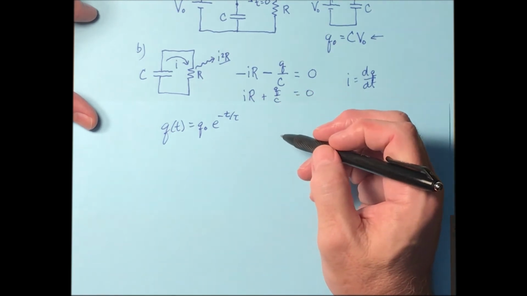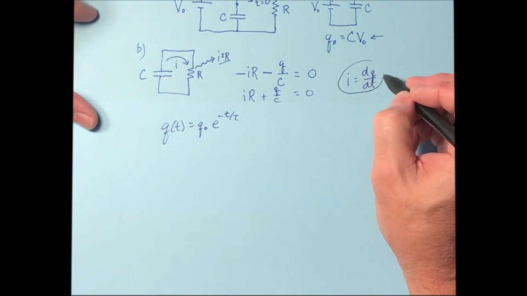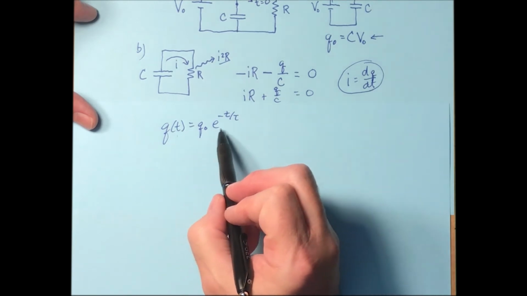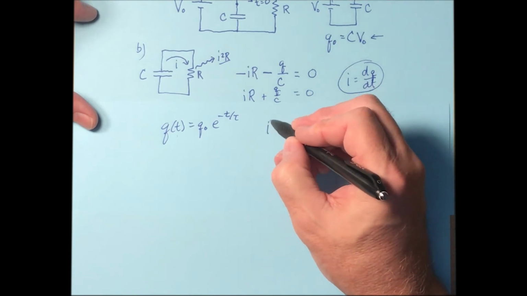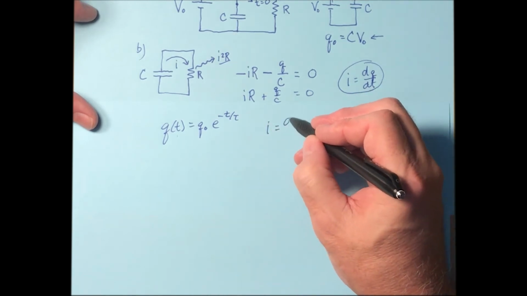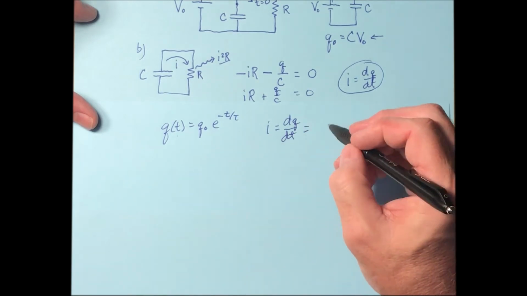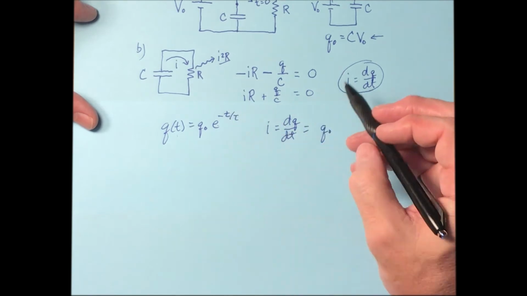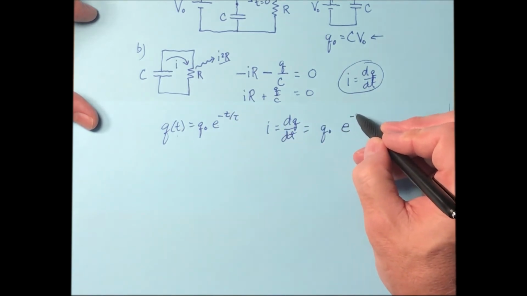All right, a good question might be, well, what's the current? Well, remember what current is. It's given by this here. So I've got Q. If I take the derivative of this with respect to time, I will have the equation for the current. So I equals dQ/dt. It's going to be the derivative of this. Well, Q naught is a constant, times the derivative of this with respect to t, but that's an exponential, so the derivative is just going to be the exponential itself.